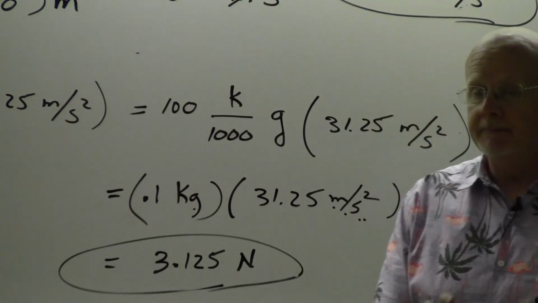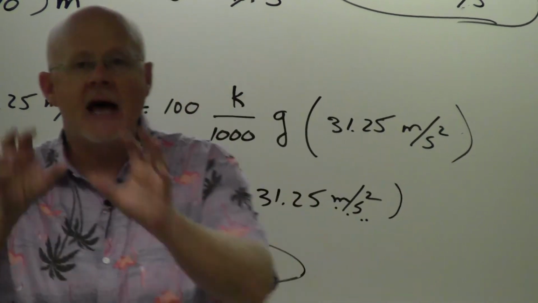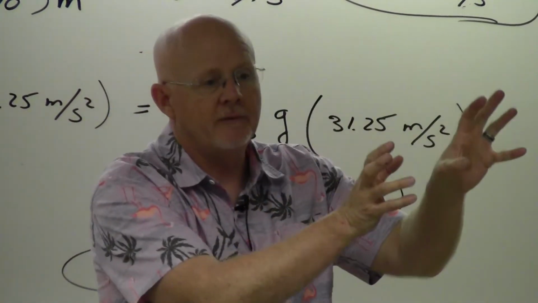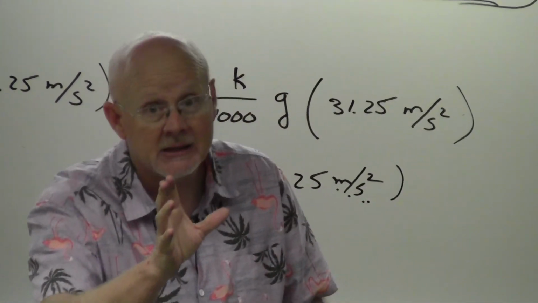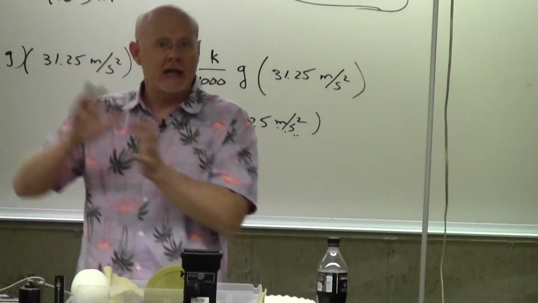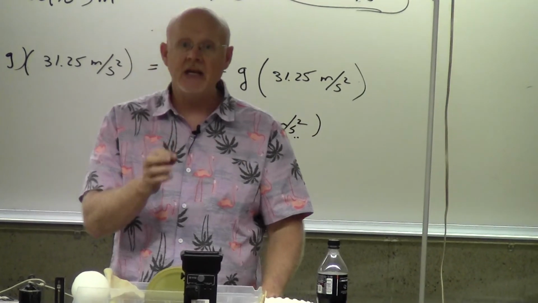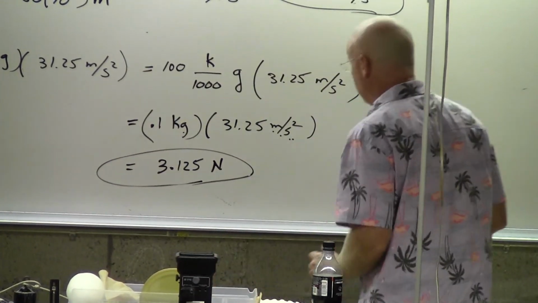Am I done? Well, let me say again, net force doesn't always equal the force you're looking for, unless that is the only force. So in this case, unlike the bear problem I did, I would say I'm done. This net force is the force of the string.